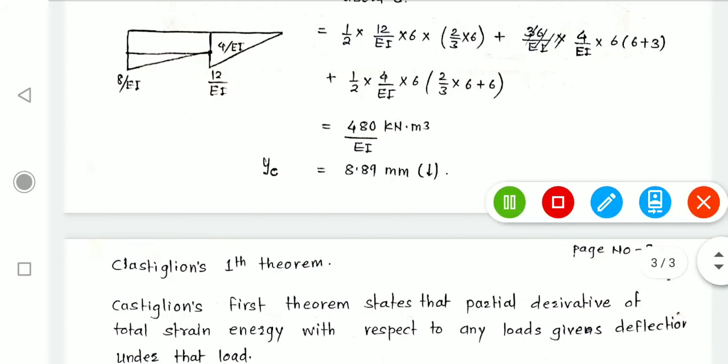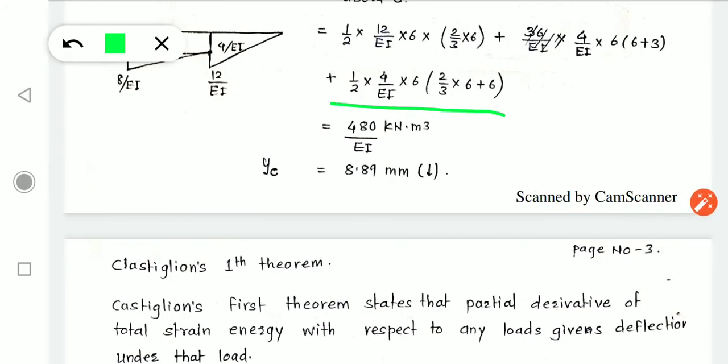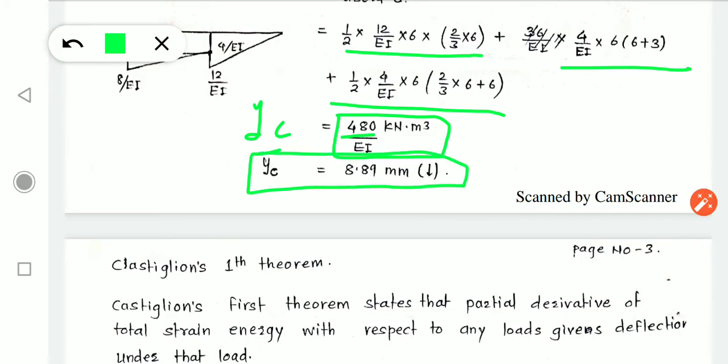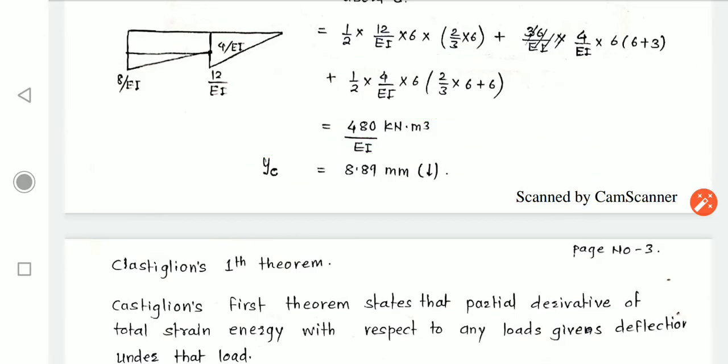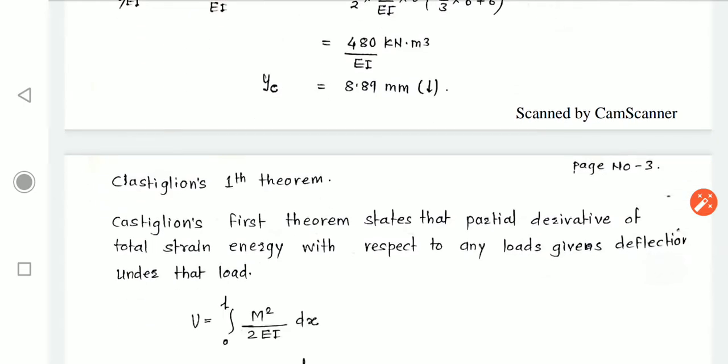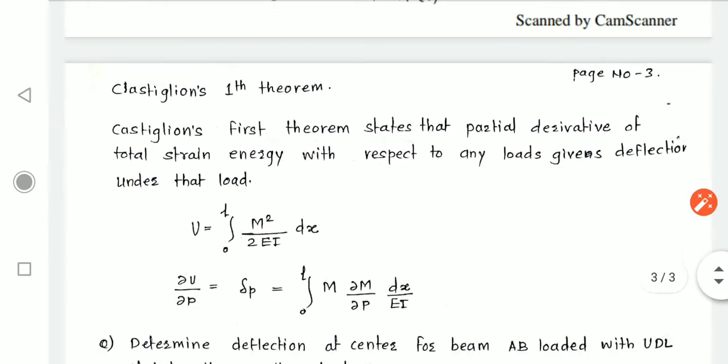Understood? Once you solve it for the above values, you will come across a final value of YC as 480 divided by EI. Once you put the EI value as given in the question, you will come across YC equal to 8.89 mm in a downward direction.